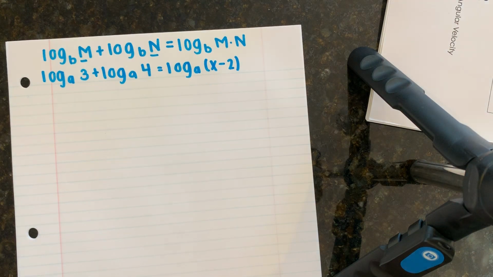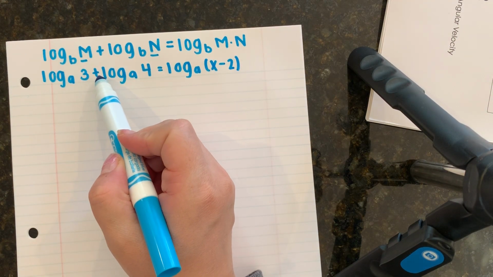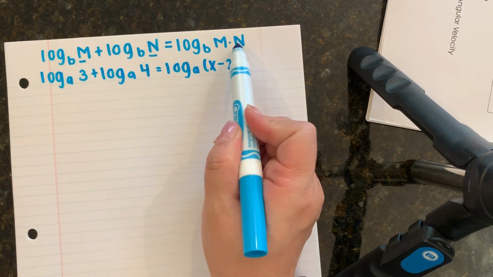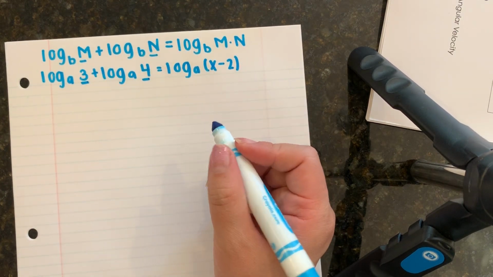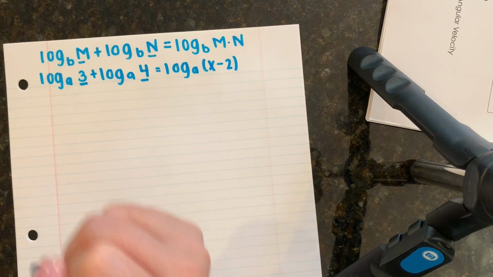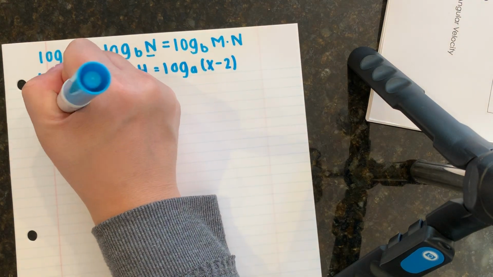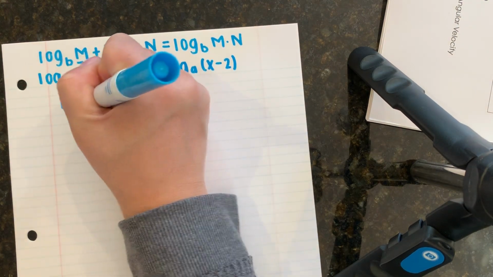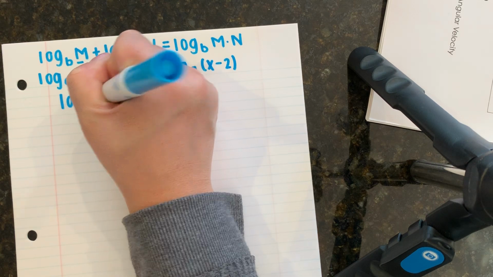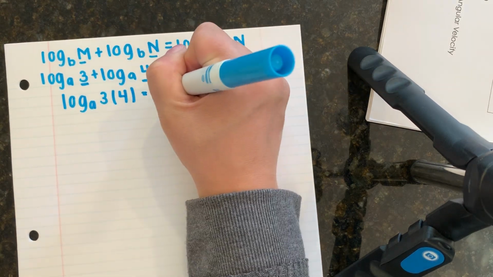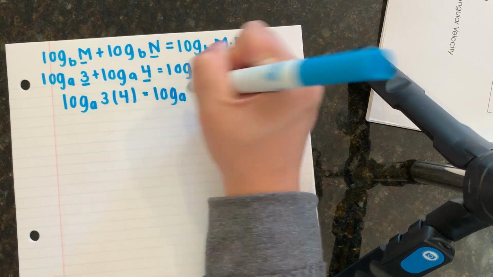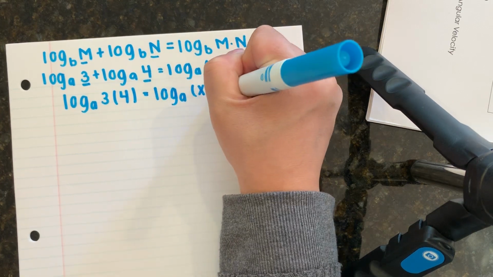Now, if I see a plus sign between my two logarithms based off of the law of logs, in order to combine them, I'm going to take these two variables and multiply them by each other. So this left-hand side of the equation is going to become log base a of 3 times 4 is equal to log base a of x minus 2.